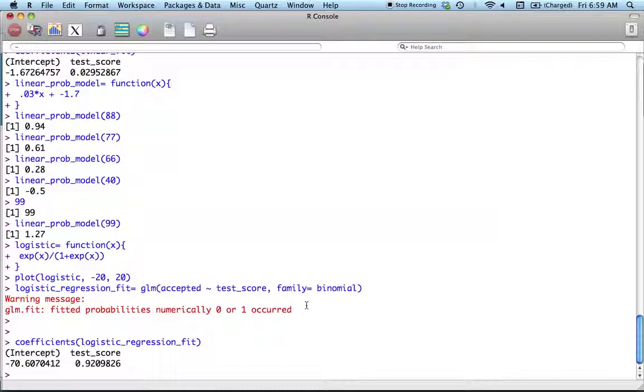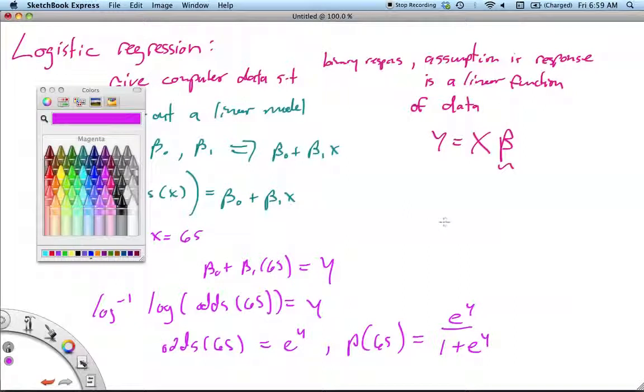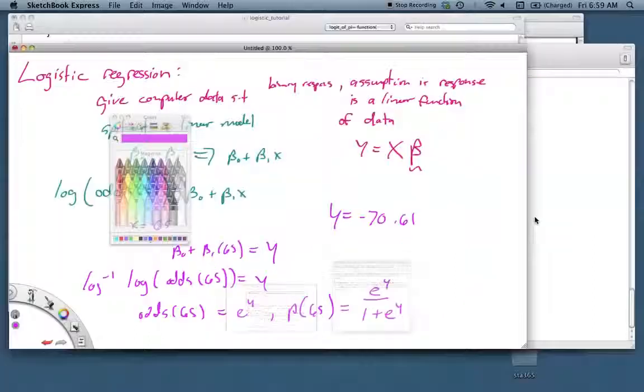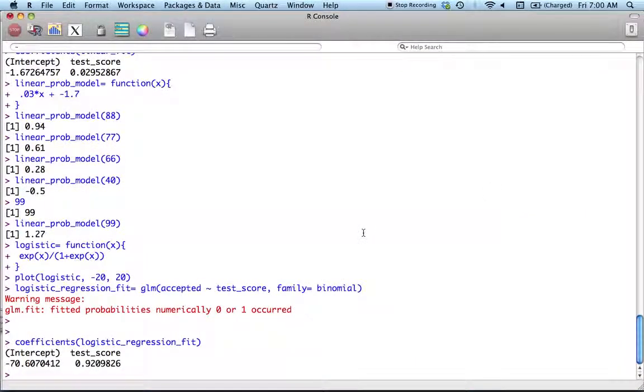So we get something like negative 70.61, and the other piece of the puzzle was 0.921.